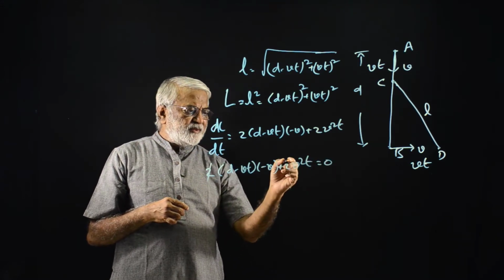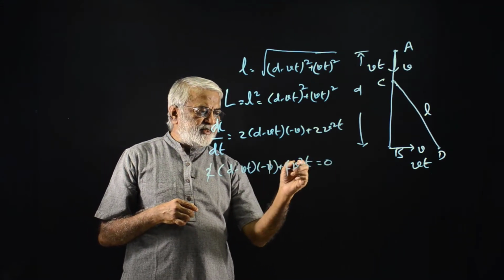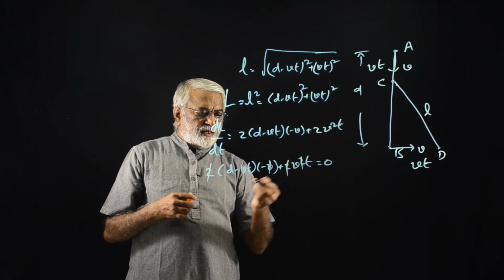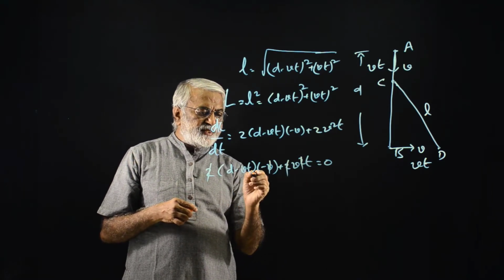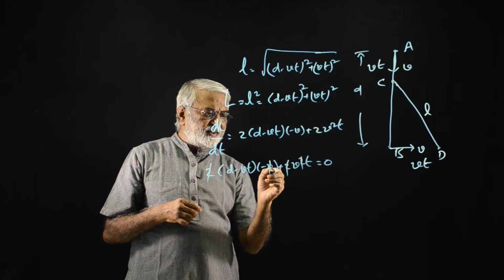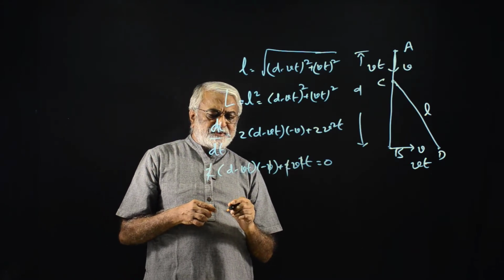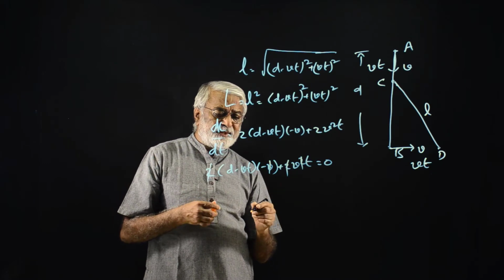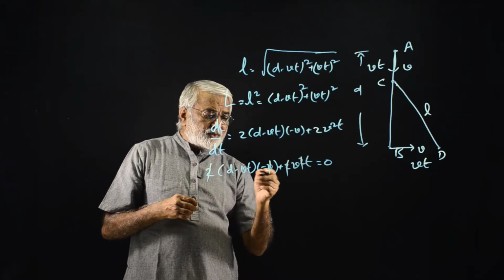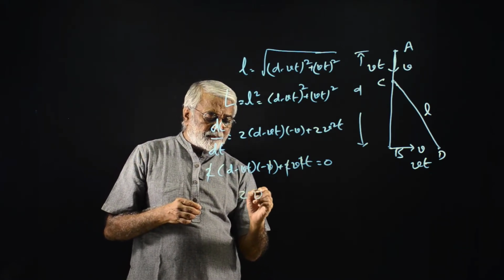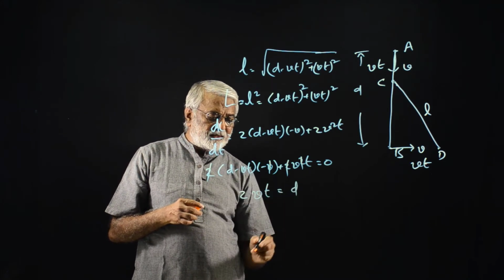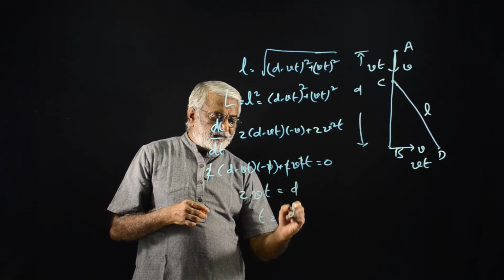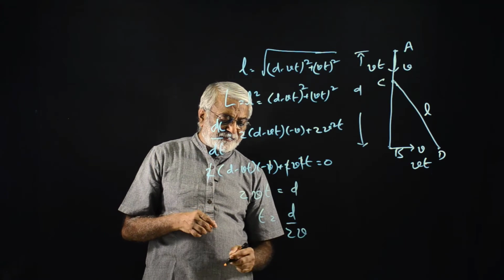The 2 gets cancelled, one V gets cancelled, and you see D minus Vt, that's a minus sign here, plus Vt is equal to 0. So this will give us 2Vt equals D, or t equals D by 2V.